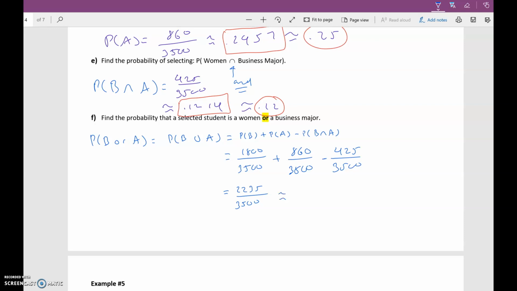And this is approximately 0.6386 to 4 decimal places, or 0.64 to 2 decimal places.